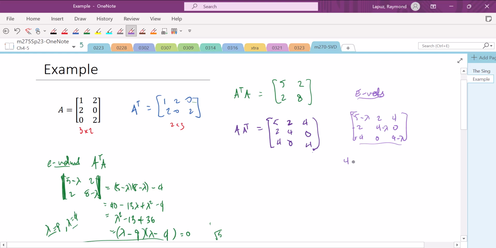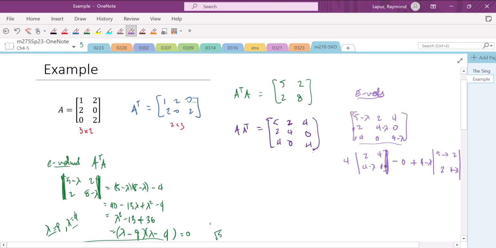So this is going to be a 4 times, let's see, we cross that out, we get 2, 4, 4 minus lambda, 0, minus 0 times something plus 4 minus lambda times 5 minus lambda, 2, and this is a positive 2, and then a 4 minus lambda.